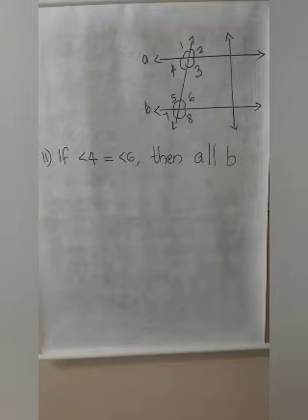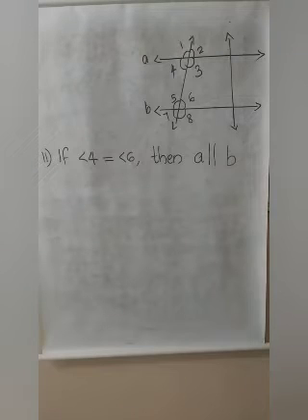So, what type of angle is this angle 4 and angle 6? Can anyone say? Yes, very good. They are alternate interior angles. Angle 4 and angle 6 form a pair of alternate interior angles. So, it is equal. In the question, it is given that this pair of alternate interior angles are equal.